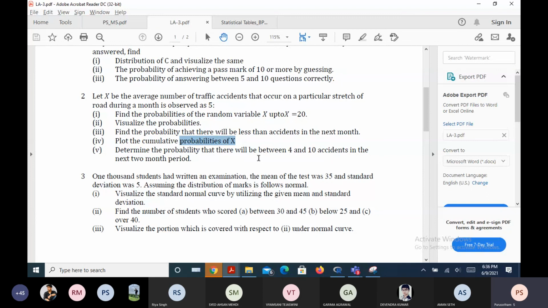Infinity means you need to take up to a certain large value, 20 or 30 or 40, whatever you define. The graph normally keeps on extending, cumulative, and after that saturation will come. You may notice an S type of curve.